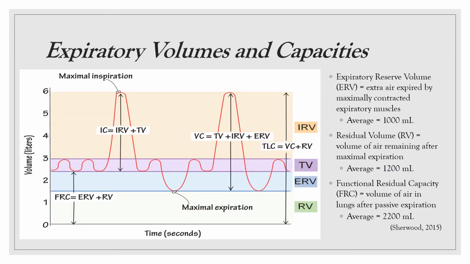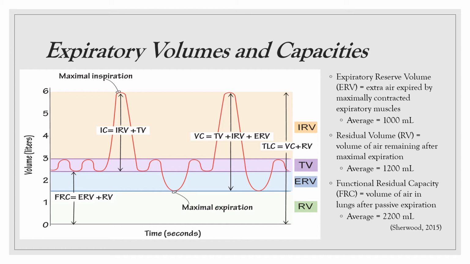Now that we have covered the volumes and capacities that pertain specifically to inspiration, let us switch gears and discuss those related to expiration. When an individual engages in physical activity, respiration increases in relation to the increased need of oxygen.